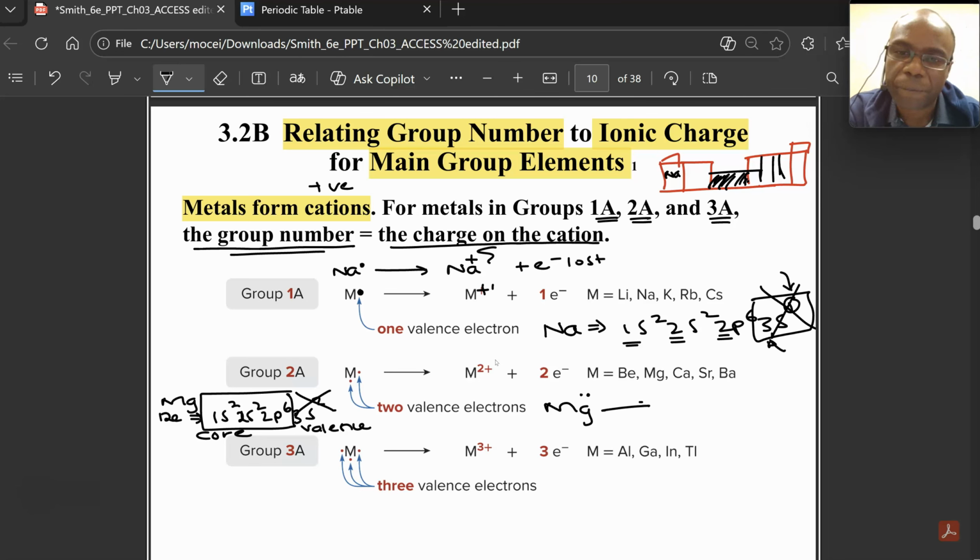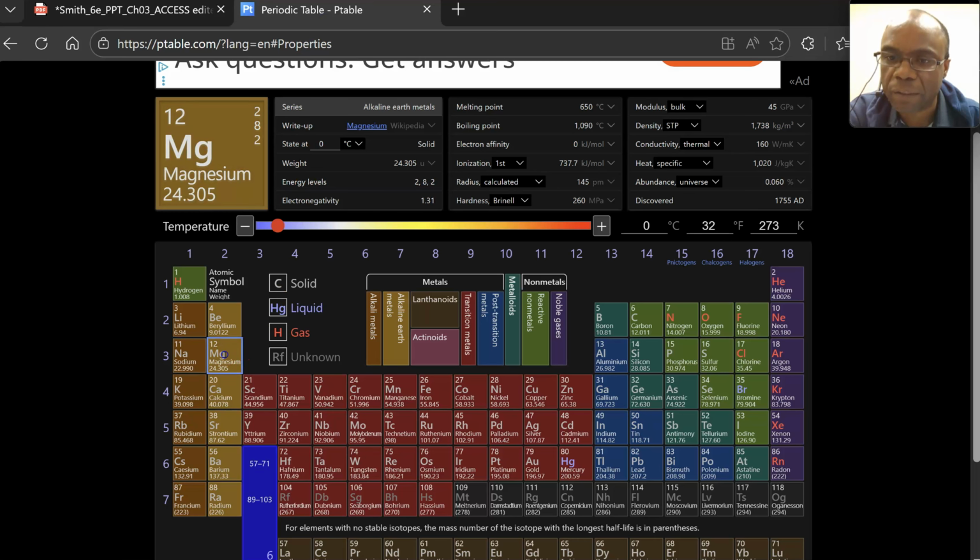So magnesium gives Mg2+, having lost 2 electrons. Notice that we have a 2 plus, so again the group number equals the charge of the cation. You'll see magnesium in main group 2 in the periodic table, right there next to sodium in the alkaline earth metals.